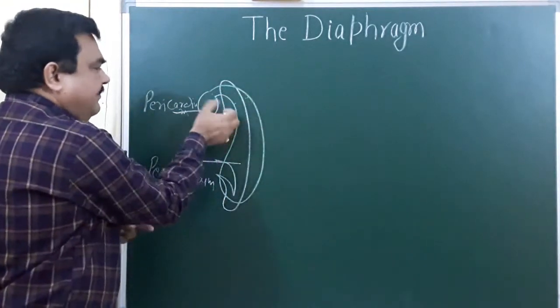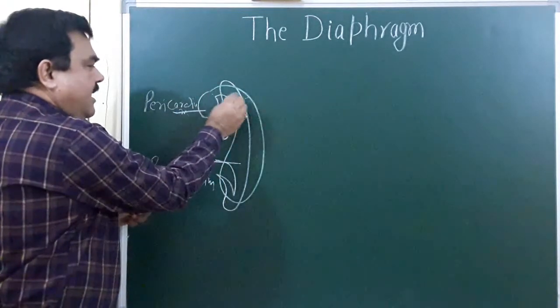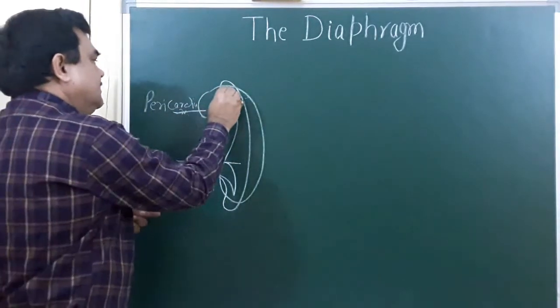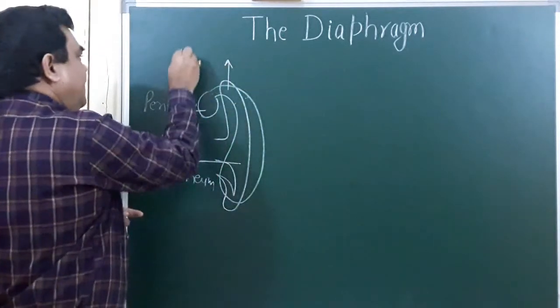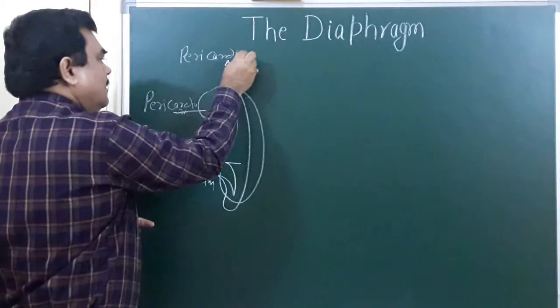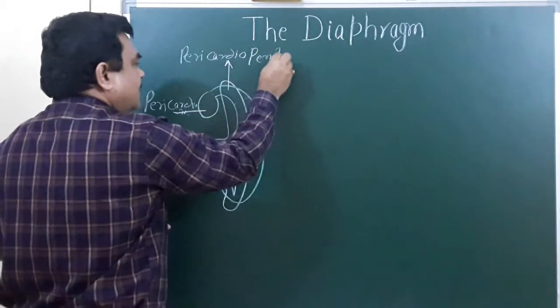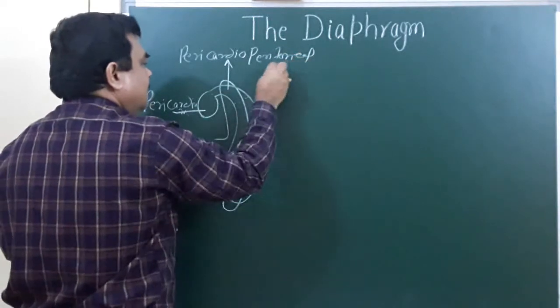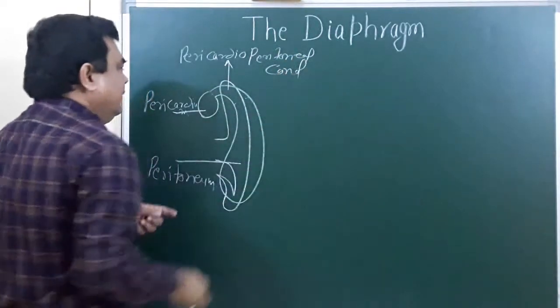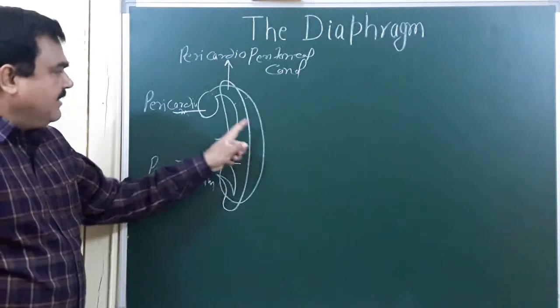From here to here, this part, from this point to this point is the pericardio-peritoneal canal. This is pericardium, this is peritoneal cavity.